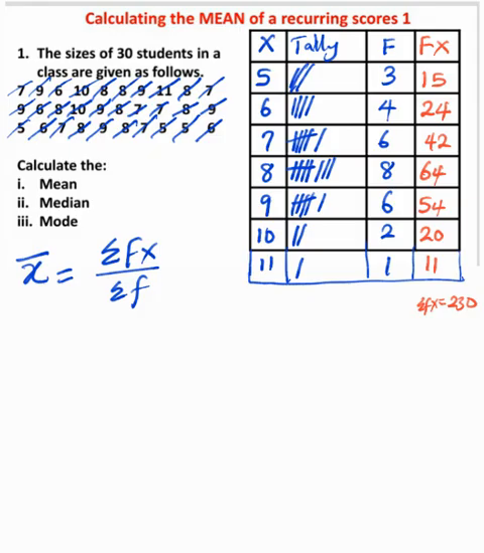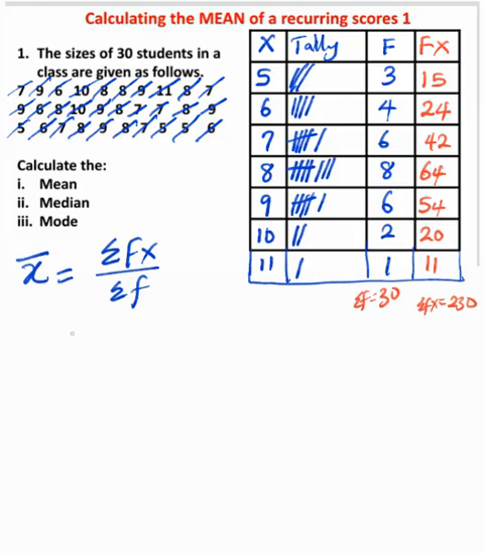If we add the frequencies together, we have 3 plus 4 plus 6 plus 8 plus 6 again, plus 2, plus 1, and we'll have 30. So summation f is equal to 30. That is the addition of all these: 3, 4, 6, 8, 6, 2, 1.